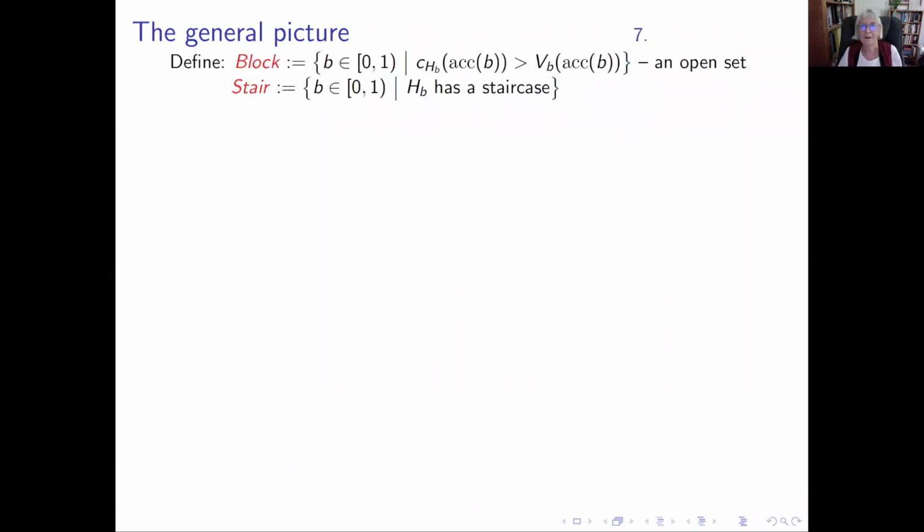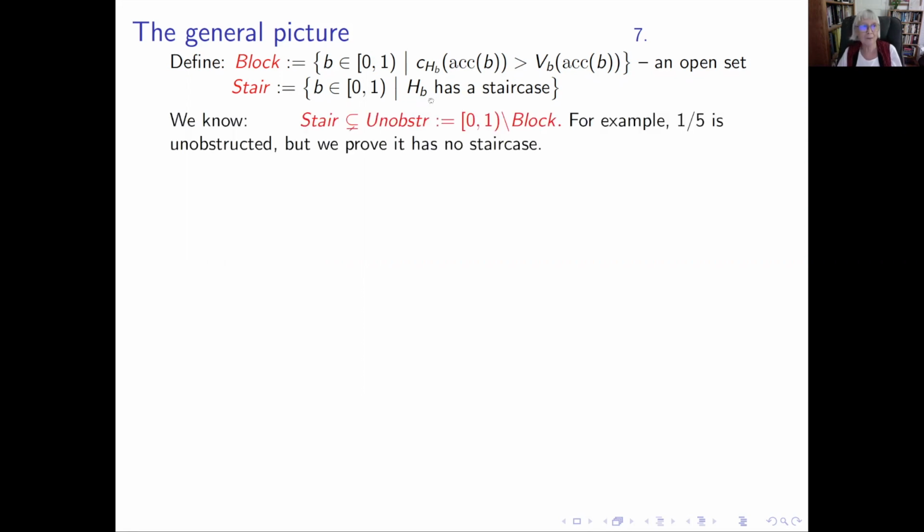Okay. So the general picture: we define block to be the set of B values which are blocked, where the capacity function at this special accumulation point is definitely bigger than the volume function, and therefore there could be no staircase, because if there were a staircase, these things would have to be equal. Then we define stair to be the set where you have a staircase.